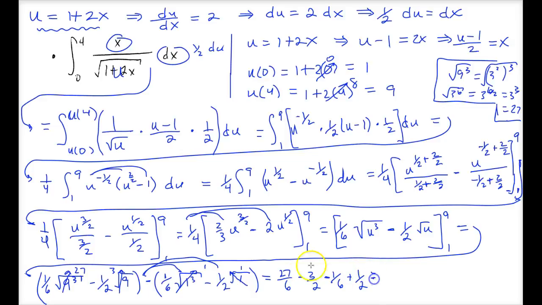And then from there, we have like fractions here. So 27 minus 1 is 26, so that'll be 26 over 6. Negative 3/2 plus 1/2 is negative 2/2, or just 1.